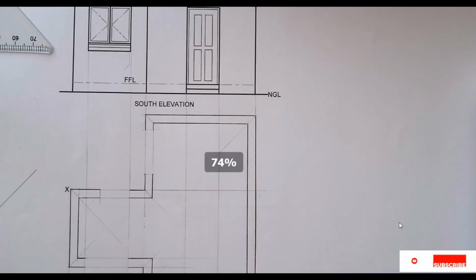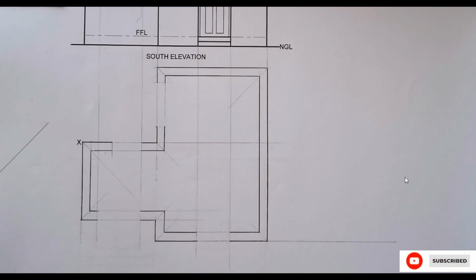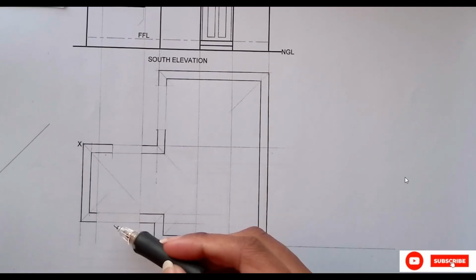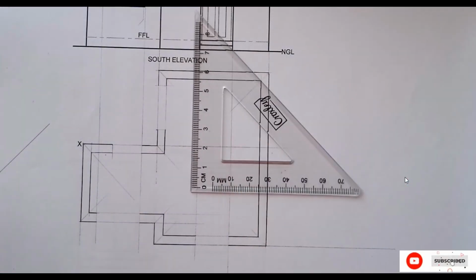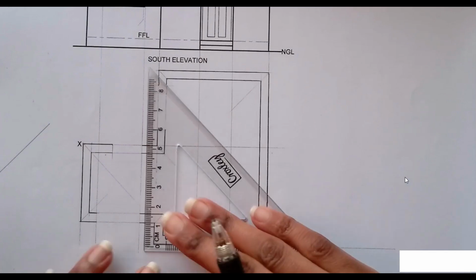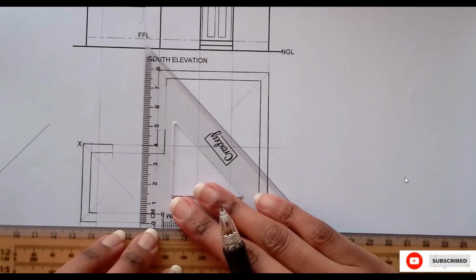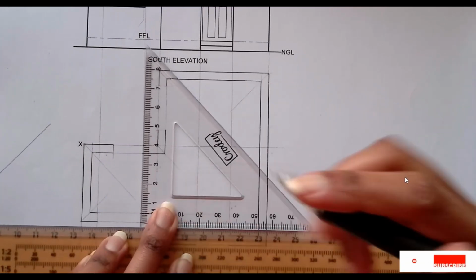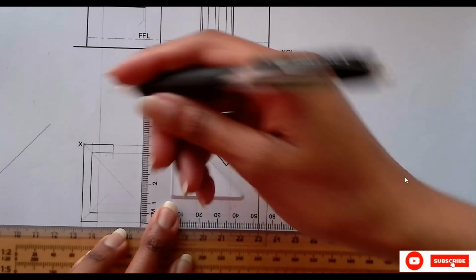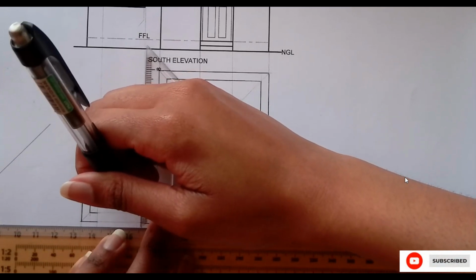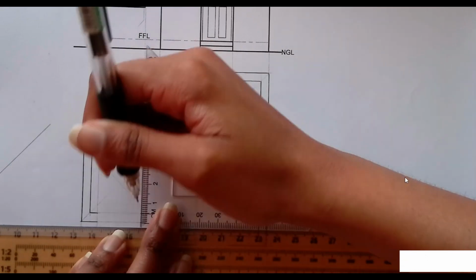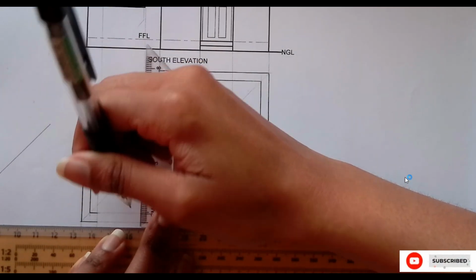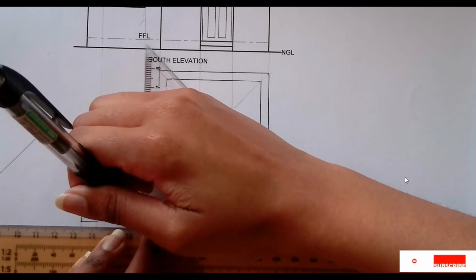For the windows, we have a window here, we have a window here. So for the windows, we need to use the center of the wall, which is 4,8. Then our frame should be 1. 1, 2, that is my half. Then from that half, you go 0,5 out, 0,5 out.